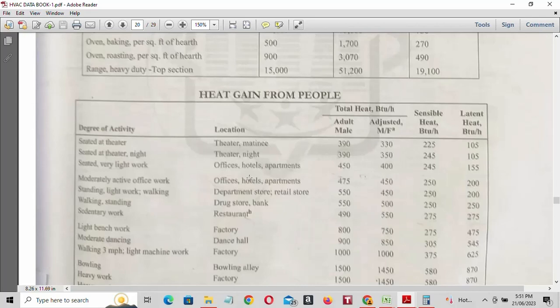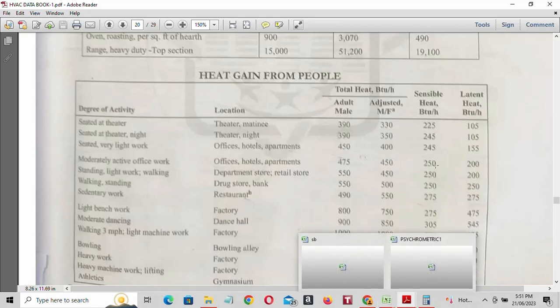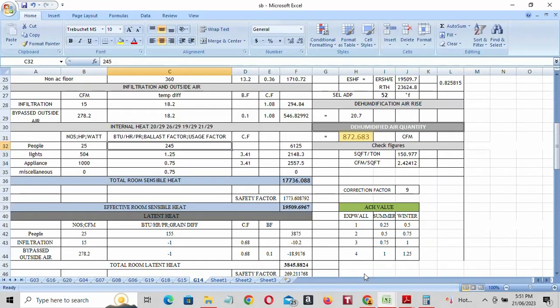Office, hotel, apartments, we don't have classroom, so we take this value. Sensible heat BTU per hour is 245, and latent heat BTU per hour is 155. Guys, please note down. So here 245. If you multiply, you will get this value.